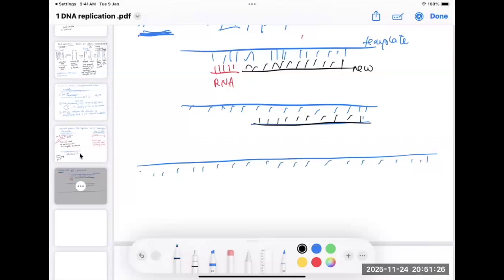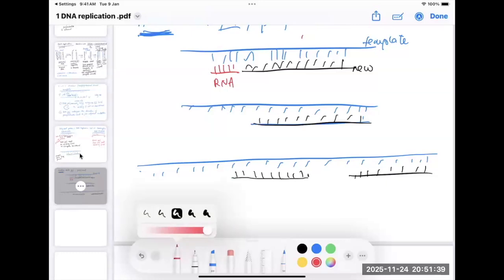So if here there is one strand and here the primer removed, the Okazaki fragments means that previously there was another fragment here, right? So this one extends a bit and then there is another one here. Okay, Okazaki fragment 1 or Okazaki fragment 2.